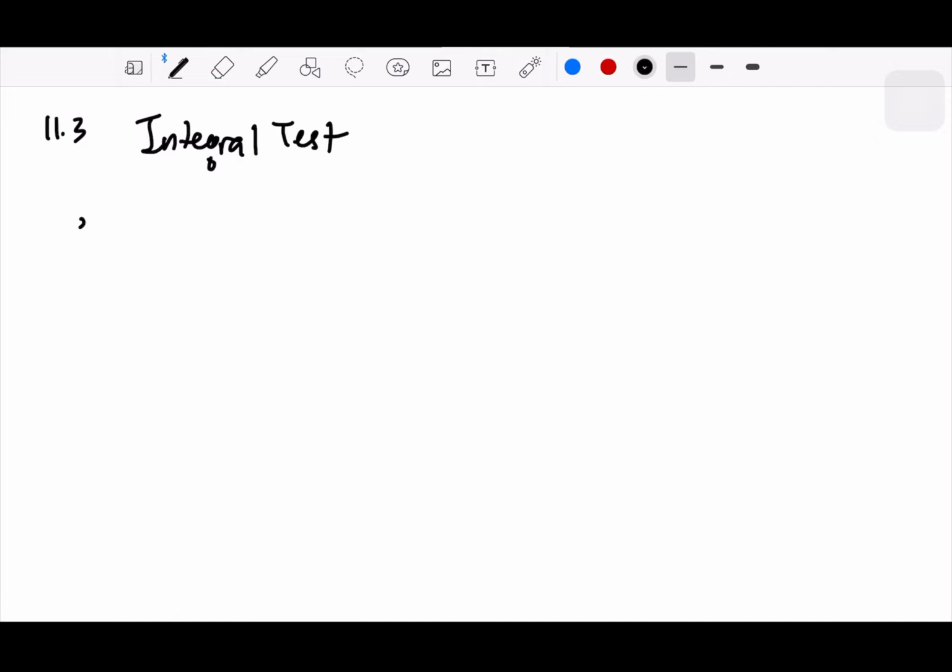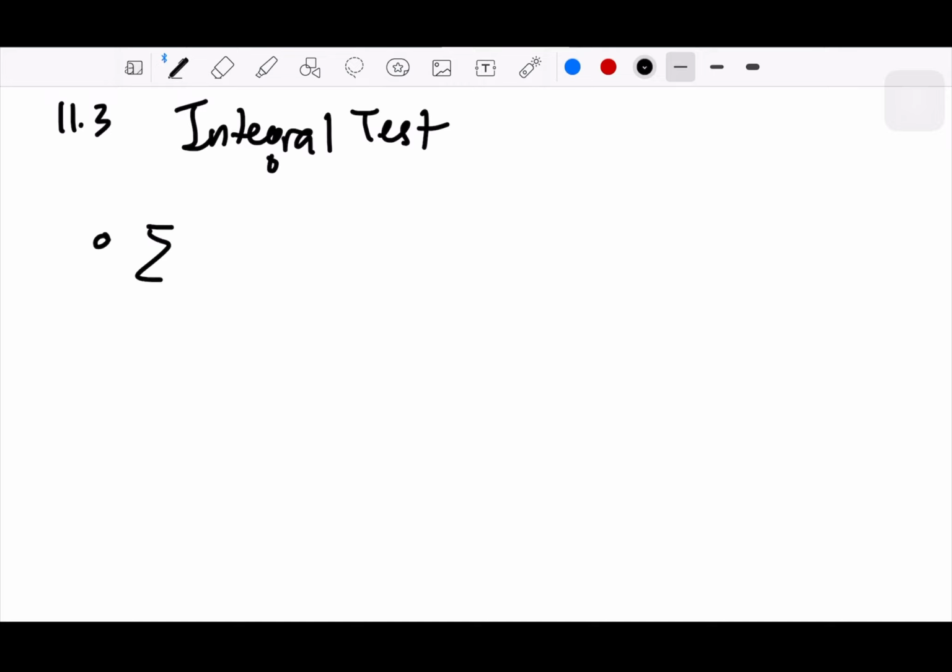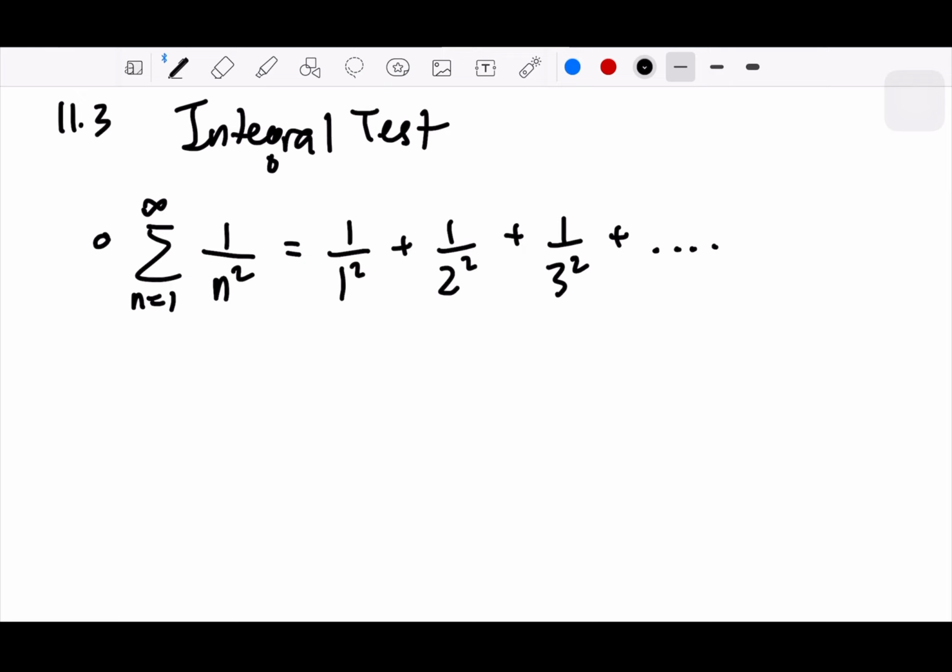First, we investigate the sum of 1 over n squared. If we take this expansion, we can see what it looks like, right? And I think we don't have any simple formula for the sum, for the Sn.